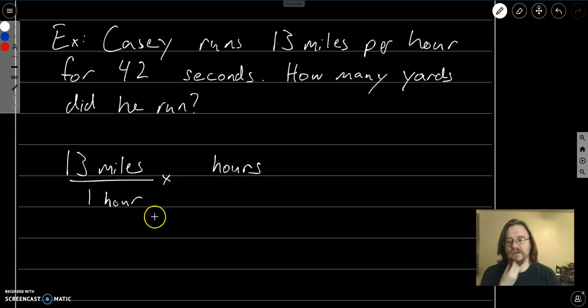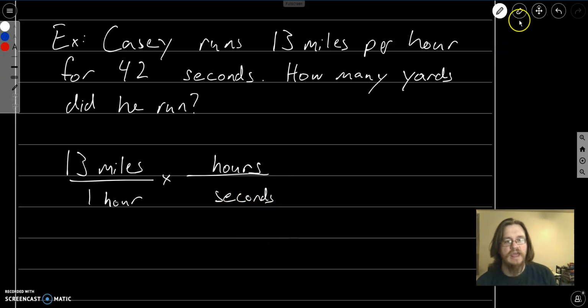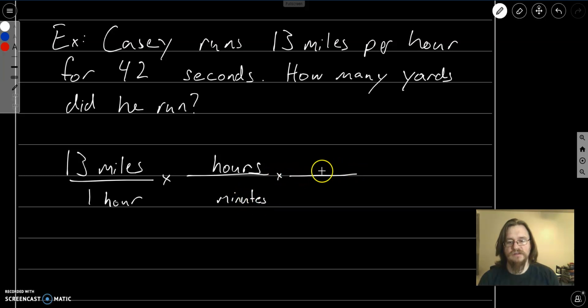So let's convert hours to seconds. In fact, converting hours to seconds is even hard. So let's convert hours to minutes, and then convert minutes to seconds, because that'll be a little bit easier.